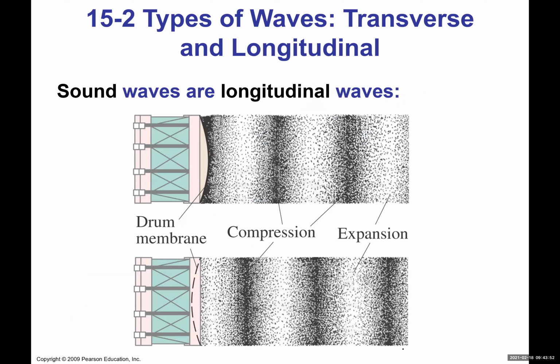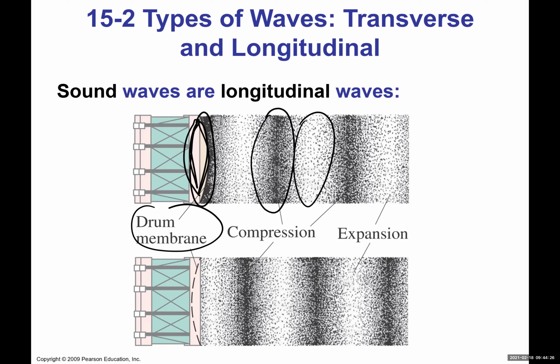Sound is generated by the air molecules. When there is a sound, say from a speaker, the speaker just oscillates back and forth. Let's say this is the speaker, with a membrane, the drum membrane, that oscillates back and forth like this. It pushes and pulls the air molecules, and it creates regions where you have dense packets of air molecules and then not so dense, which is the density of air.